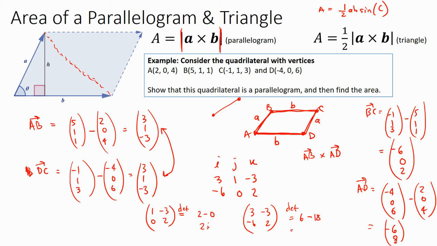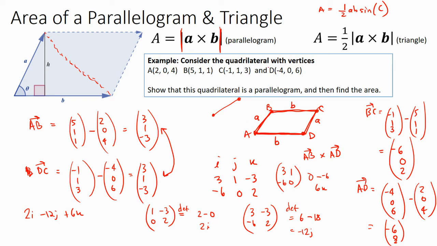So 6 minus 18 is negative 12j. And then for the k component, we're going to ignore that one and get 3, 1, negative 6, 0. And do 3 times 0 is 0 minus negative 6. So that's positive 6k. So there's my vector: 2i minus 12j plus 6k.